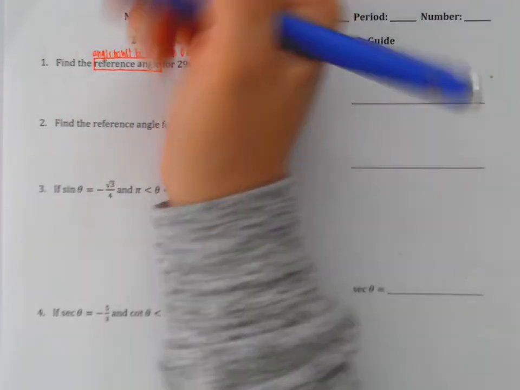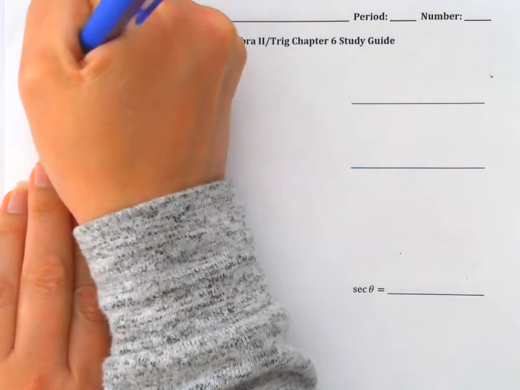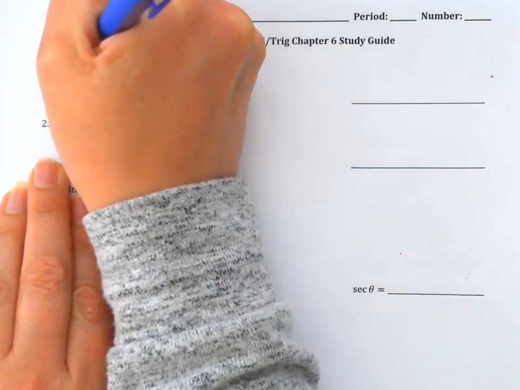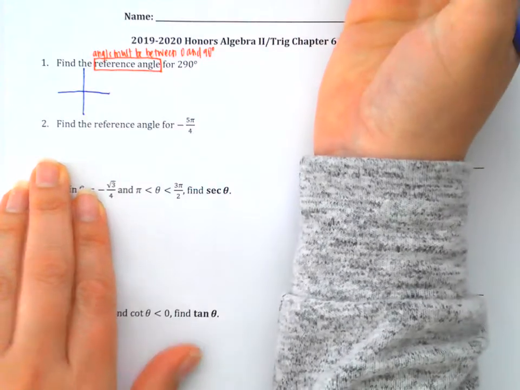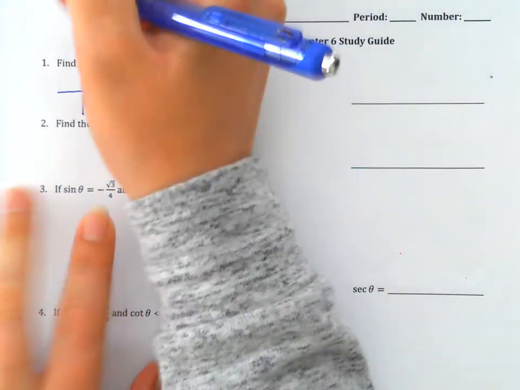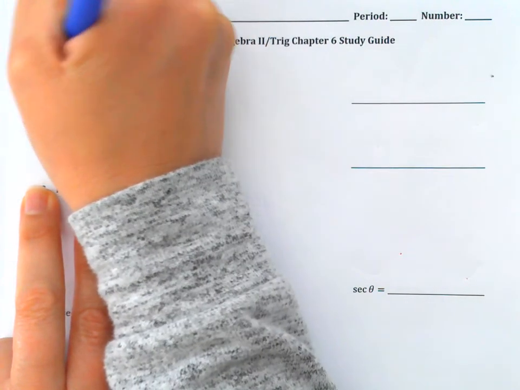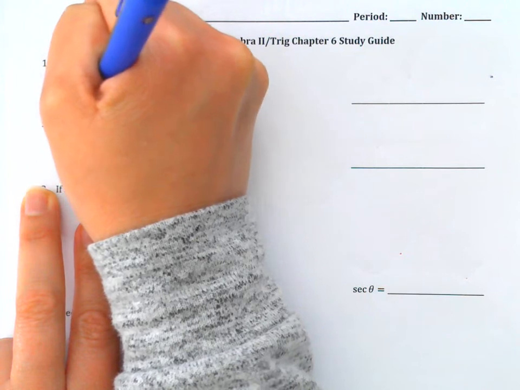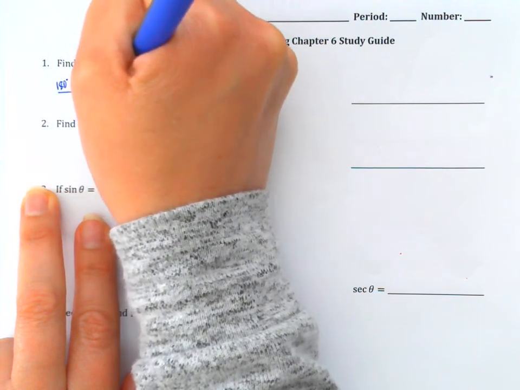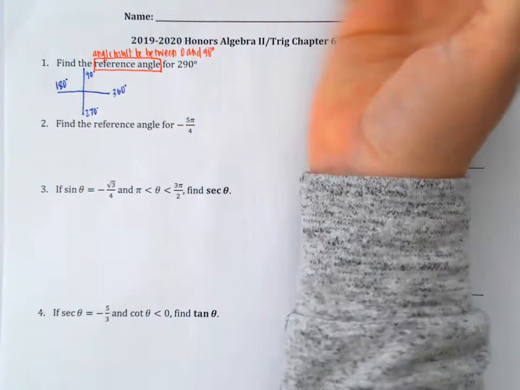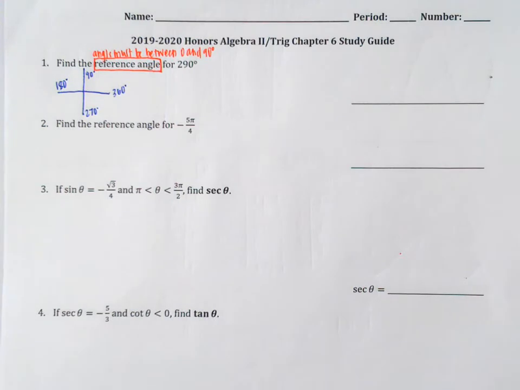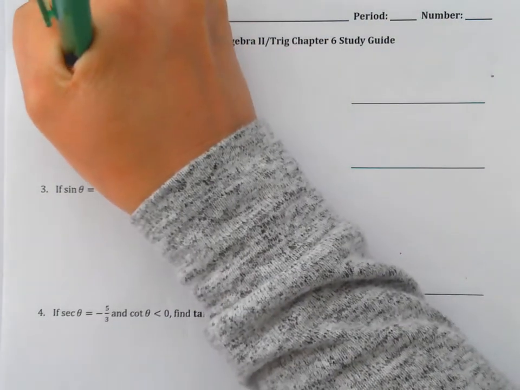So what I do is I kind of graph it. I think about my coordinates and my quadrants here, and I think, where is 290? Well, we know, okay, this is 90, 180, 270, and 360. So 290 is about in here, right?